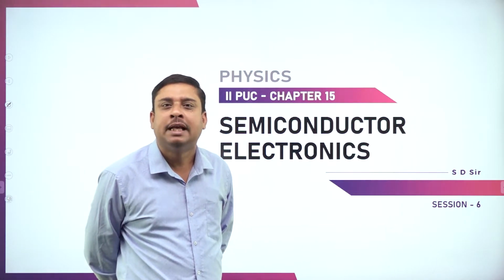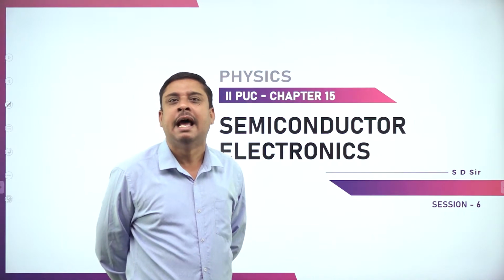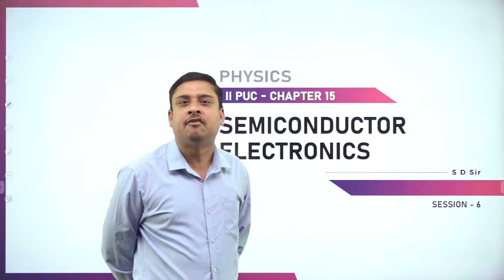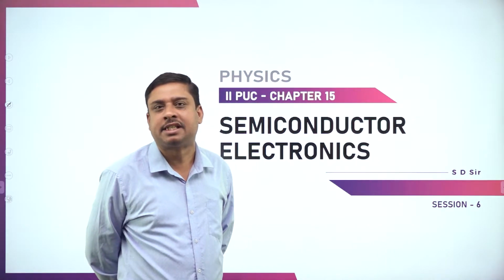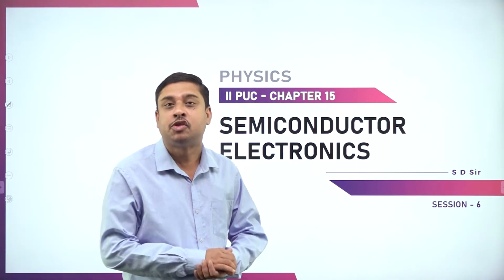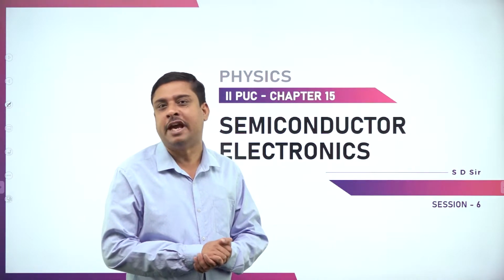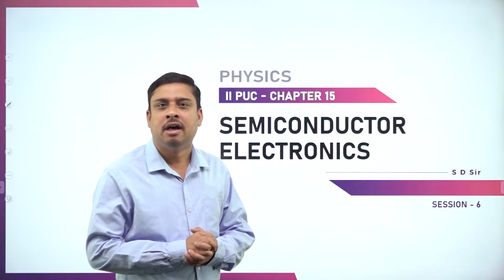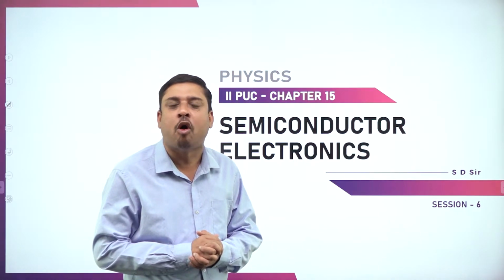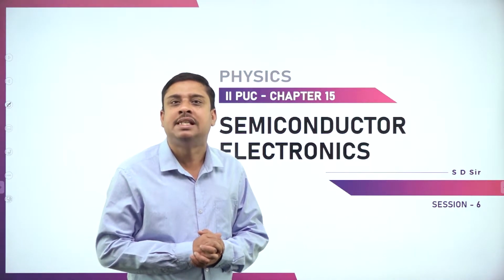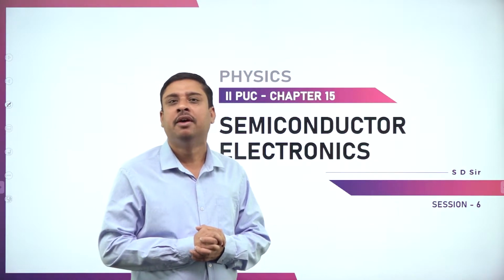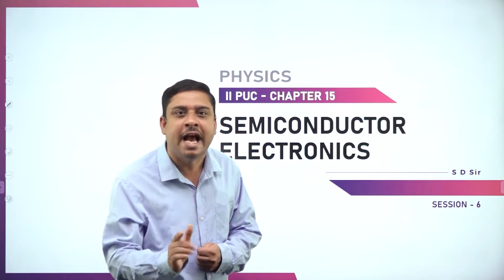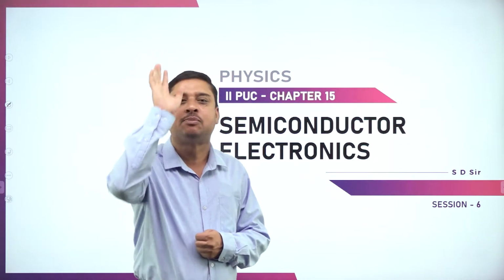Therefore, both the positive half cycle as well as the negative half cycle was rectified, and we also studied the waveforms. And we understood a special type of diode called Zener diode, which operated only when it was reverse biased.